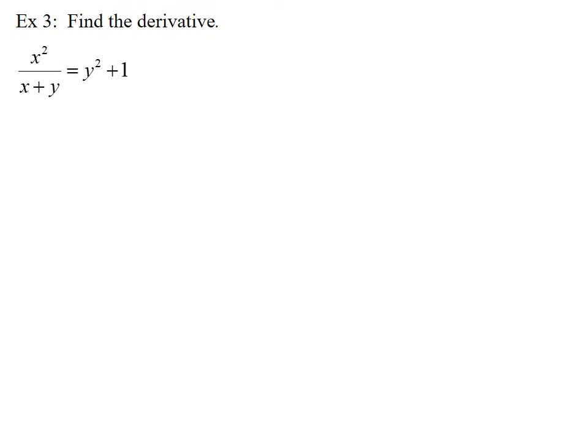So to start right off, if you start from left to right taking your derivatives, I already see that we have an f function divided by a g function. And when they're divided, that means you have to do the quotient rule. So that would be gf prime minus fg prime over g squared.